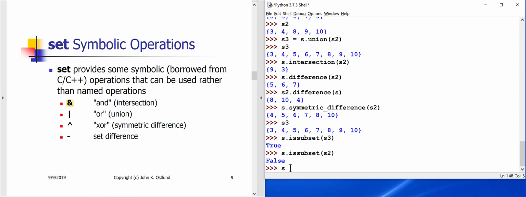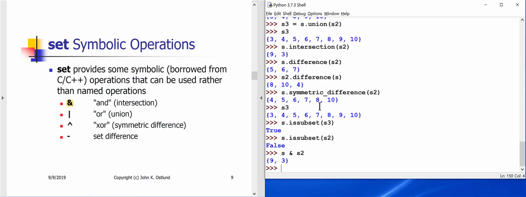So if I say S & S2, that's going to give me the items that are in S and also in S2, which is the intersection of the two sets. The vertical bar I can think of as meaning "or". If I ask for the things that are in S or in S2, that of course is the union of the two.